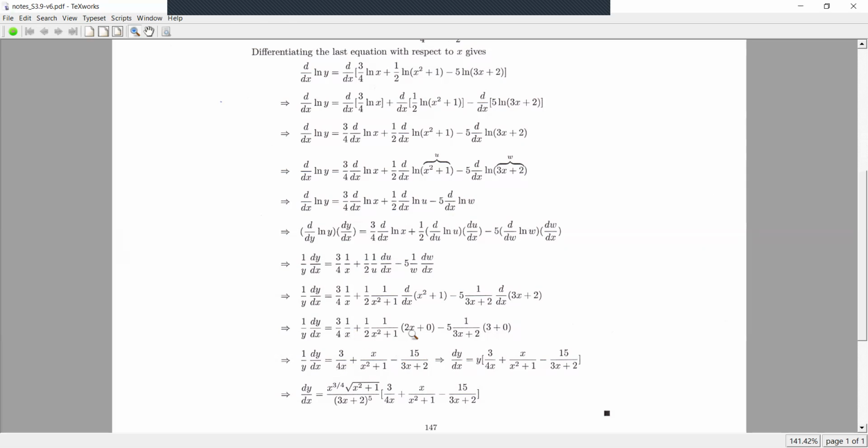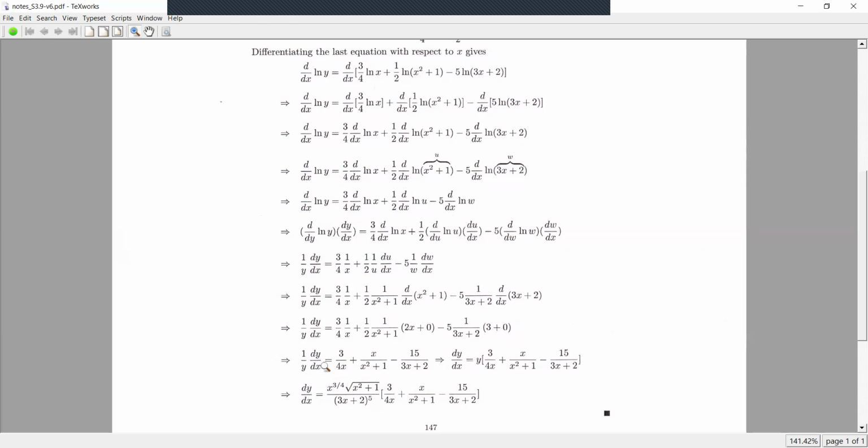And 2x plus 0 is 2x. Cancel 1, 2, then the second term here is x over x squared plus 1. The third term, 3 plus 0 is 3 times 5, 15. So the third term is 15 over 3x plus 2.